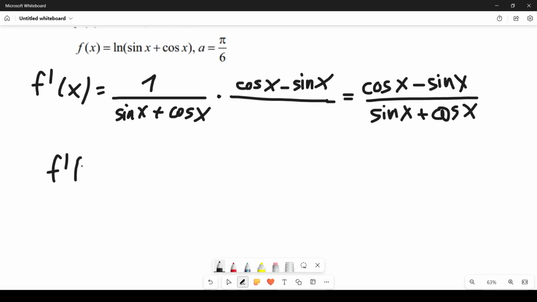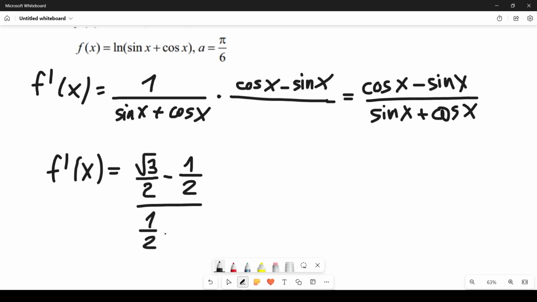And when we replace those trigonometric things with actual numbers, we're going to get that cosine of 30 degrees is square root of 3 over 2, and minus sine x is going to be minus 1/2 for the numerator, and for the denominator we're going to get 1/2 plus square root of 3 over 2.